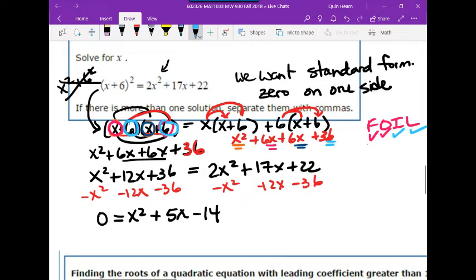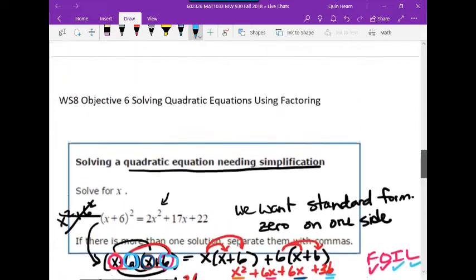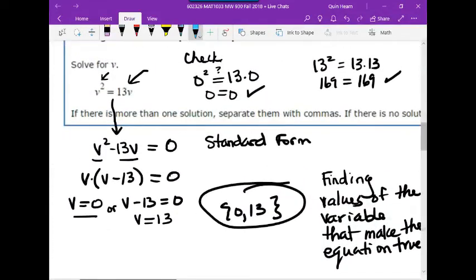The reason I subtracted them is I need this form. I need to have 0 equal something. So how do I get 0 on one side of the equation? I need to subtract all the terms, but whatever I do on one side, I have to do on the other side. Now, why do I need a 0? Because I need it to look like this.